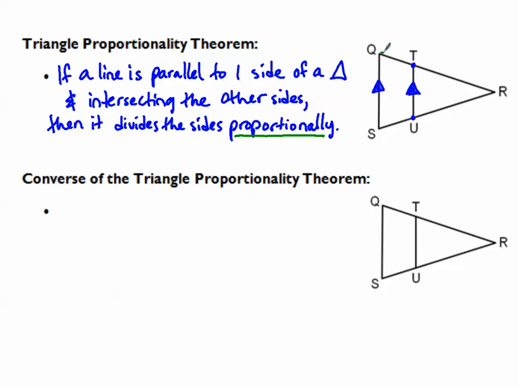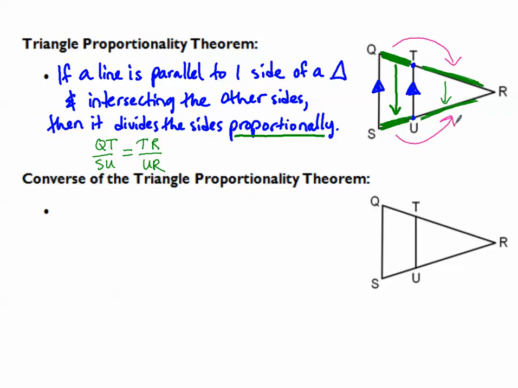So that means we don't need to take the entire side. We can go in an organized manner to make a ratio, left top to bottom. So I could write QT over SU equals, and then on the right, again going top to bottom, going in the same direction, that would be TR over UR. Or we saw also going left to right, as long as we do left to right on the other part of the picture.